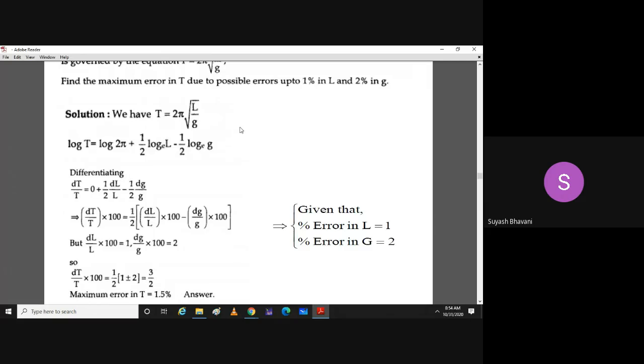Excuse me, sir. Hi, yes. Sir, in the step that says differentiating, instead of that, can we say that this is partial differentiation? No. This is differentiating, meaning total derivative of each term.